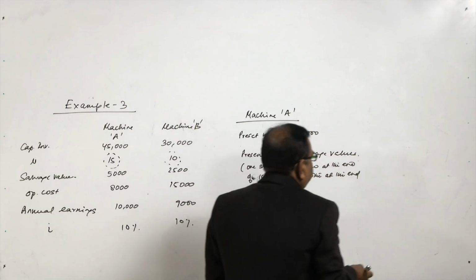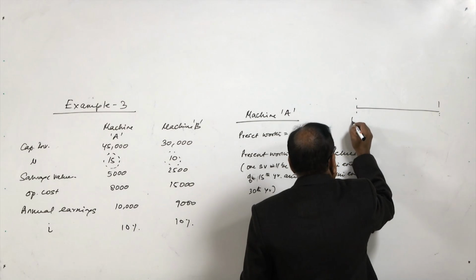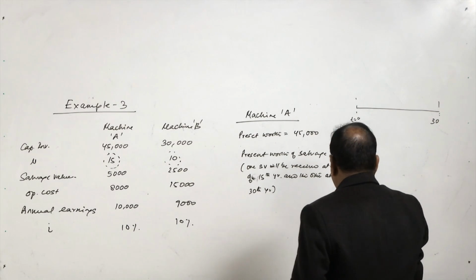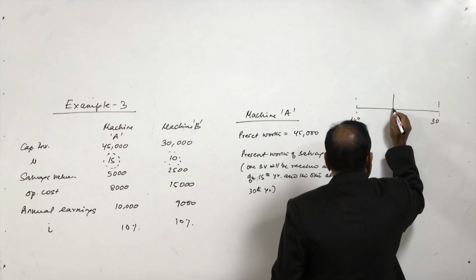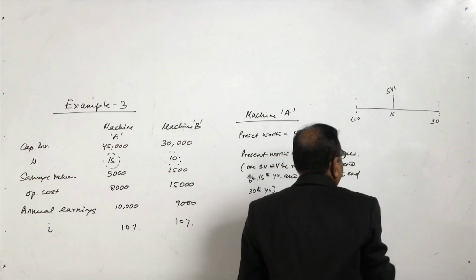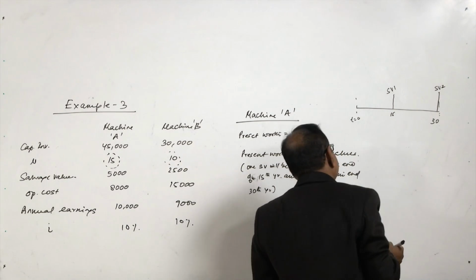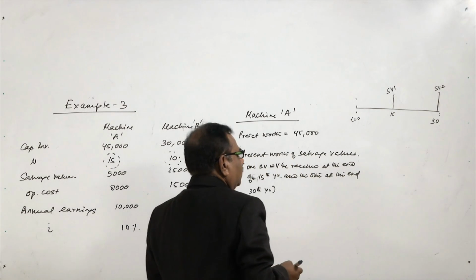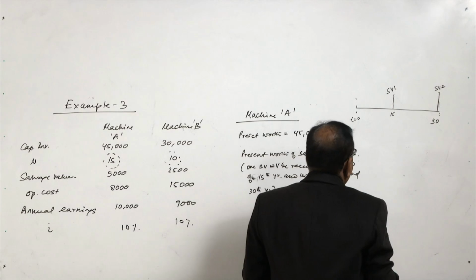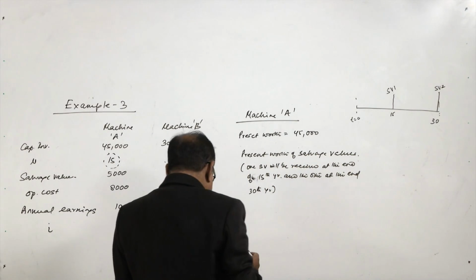How? If I see the timeline, t equal to 0, I have taken a span of 30 years. So, here on the 15th year I will get a salvage value called SV1, and on the 30th I will get another salvage value, this is SV2 for machine A, whereas for machine B I will have 3 salvage values. So, these 2 salvage values have to be converted into present worth.